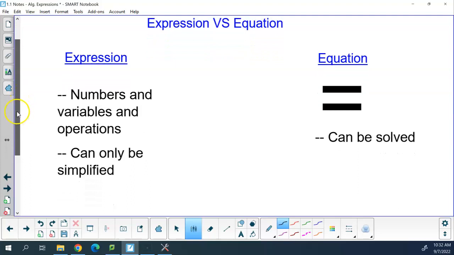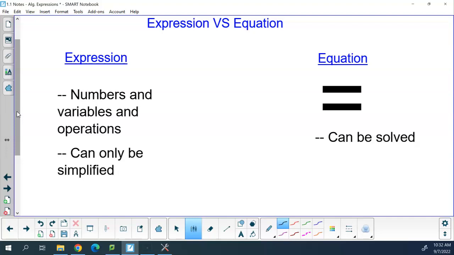Because equations have equal signs, they can be solved. I can say x equals something if it's an equation. Or a is equal to 17 in an equation. I can say that if it's an equation.